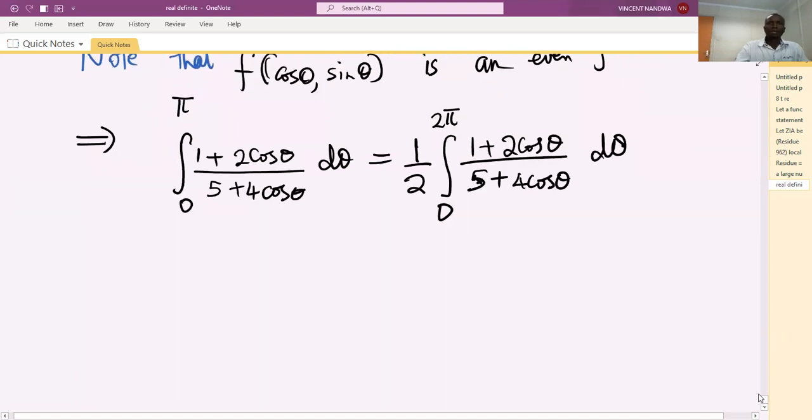Now we concentrate on this integral here.